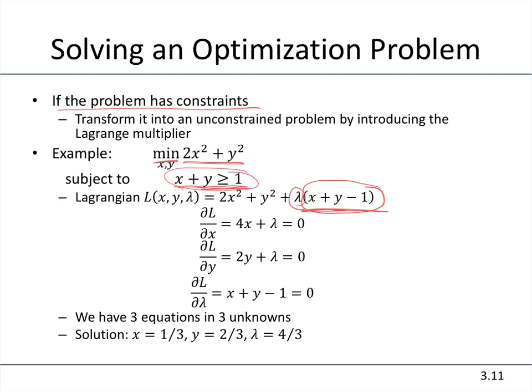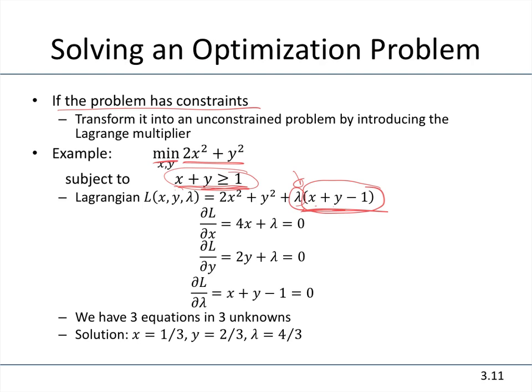This is an auxiliary variable, an added variable, that hopefully at optimization doesn't matter, because we will try to get a solution where x plus y equals 1. If x plus y equals 1, then we don't care about the value of lambda, because it's multiplied by 0.